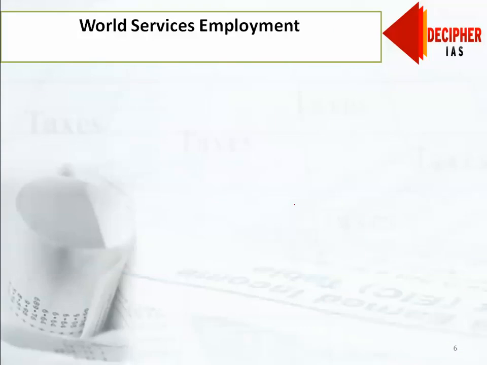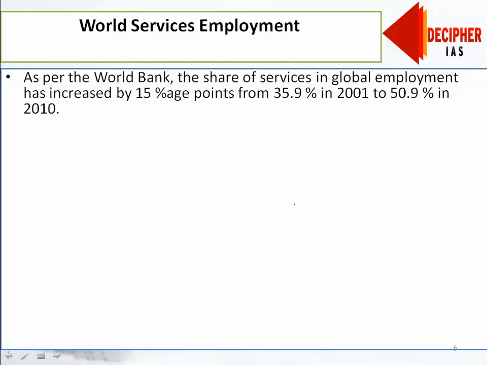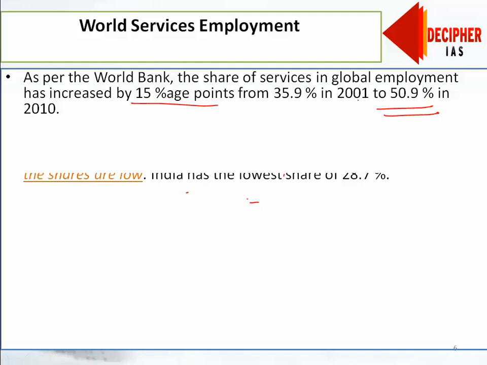Coming to the world services employment. Now services have contributed to the increase in the global employment by 15 percentage points. What we mean by this is that services now contribute to approximately half of the total jobs generated in the economy.